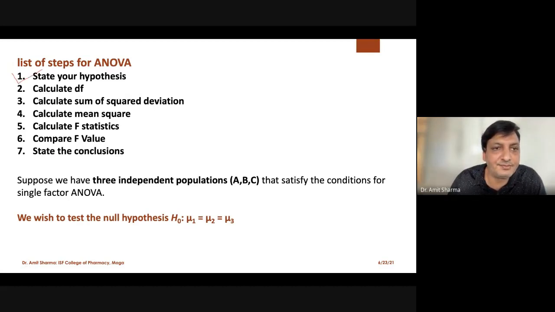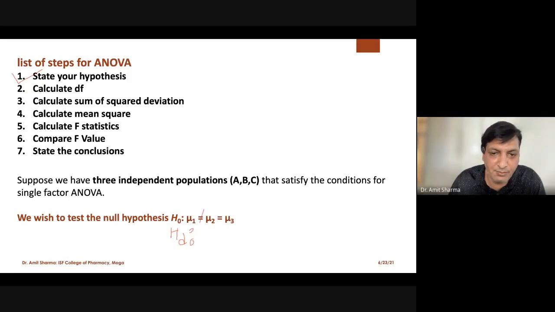In step 1, state your hypothesis. Now, what is the hypothesis for ANOVA? This is H naught, and this is HA. H naught says that the mean of group 1 is equal to the mean of group 2, and both are similar or equivalent to the mean of group 3.